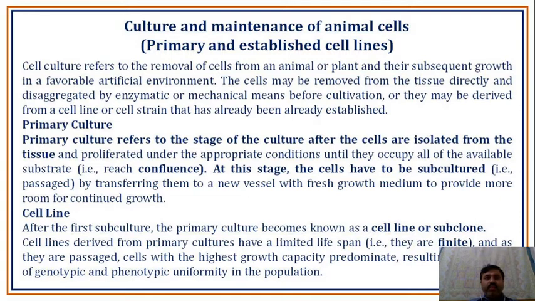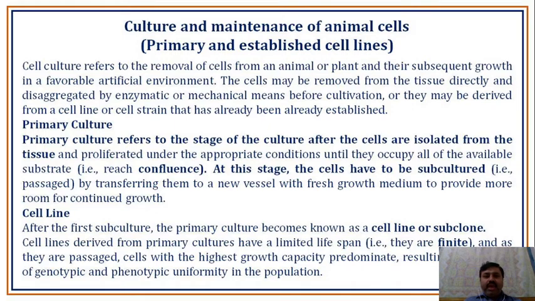As you know, we are removing the cells from their original position, that is in vivo, from any plant or animal, and you are trying to grow them in an artificial environment, isn't it? The cells may be removed from the tissues directly and disaggregated, either by enzymatic or mechanical dispersion before you cultivate them, or they may be derived from a cell line or cell strain that has already been established.